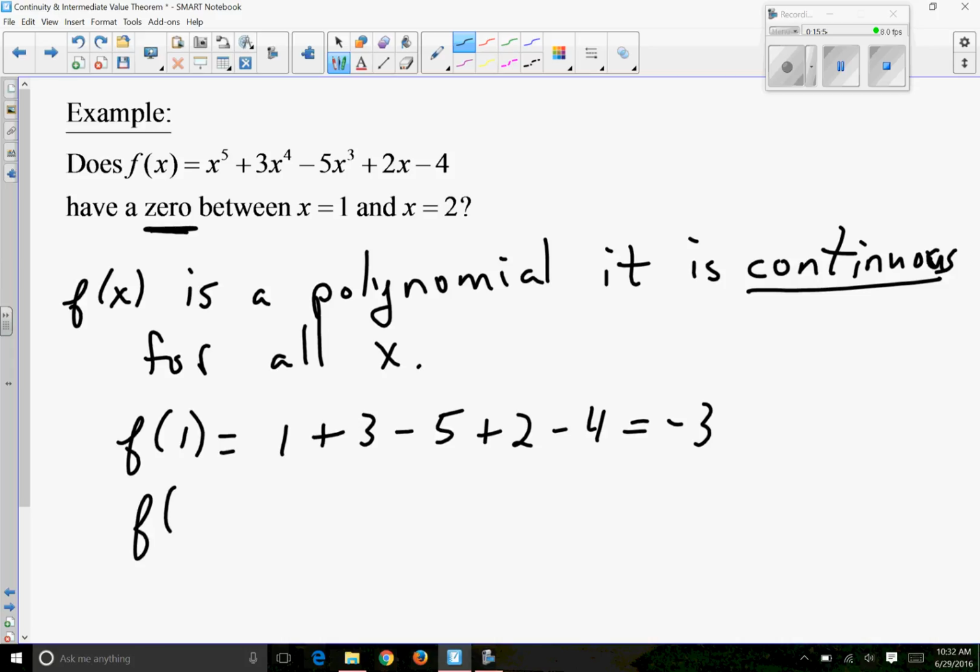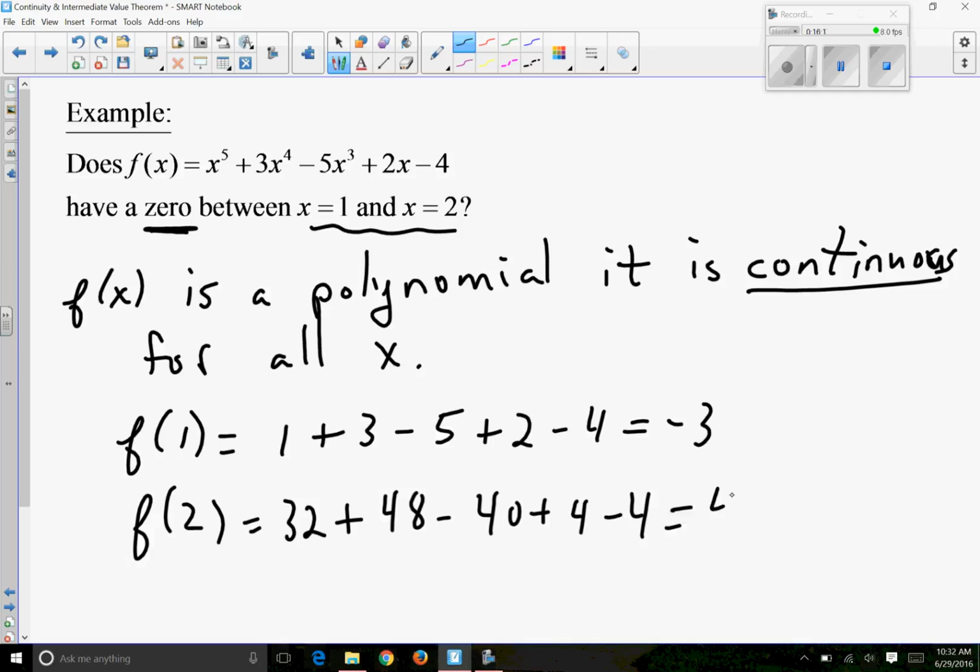And f of 2 would be 2 to the 5th, which is 32, plus 3 times 2 to the 4th, which is 48, minus 5 times 2 to the 3rd, which is 40, plus 2 times 2, which is 4, minus 4 at the end. This is equal to 40.